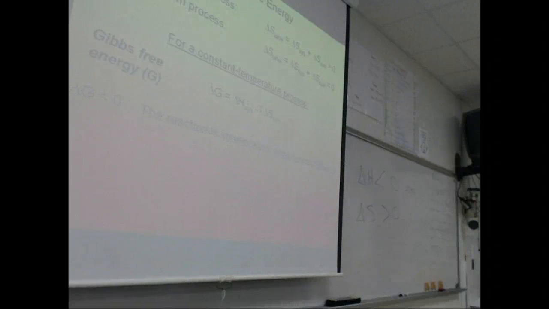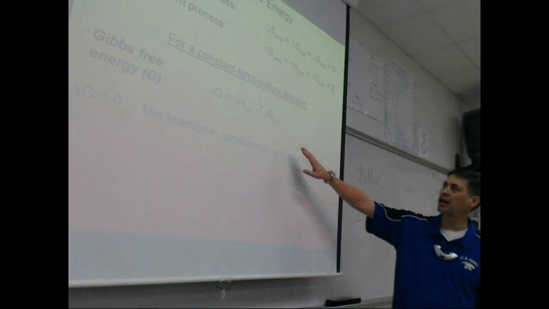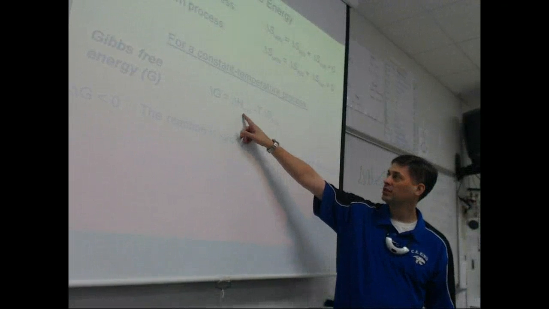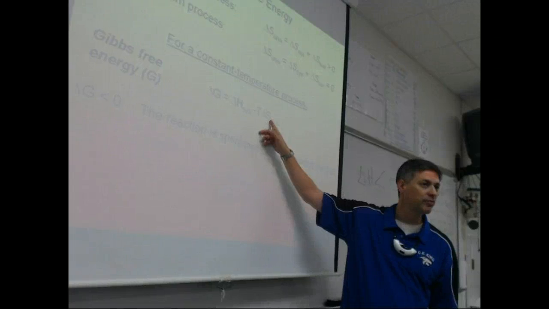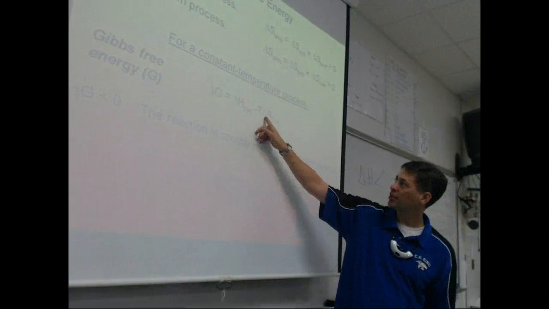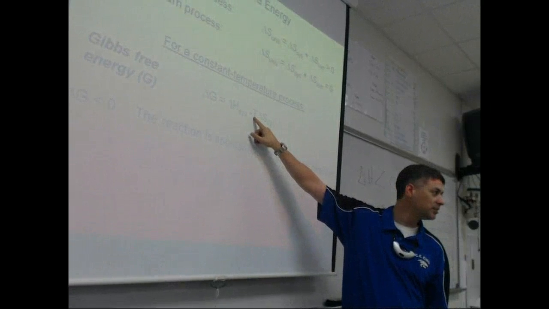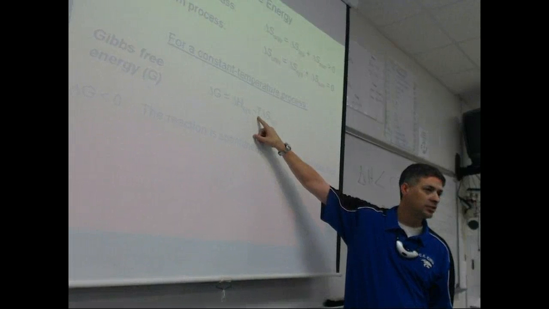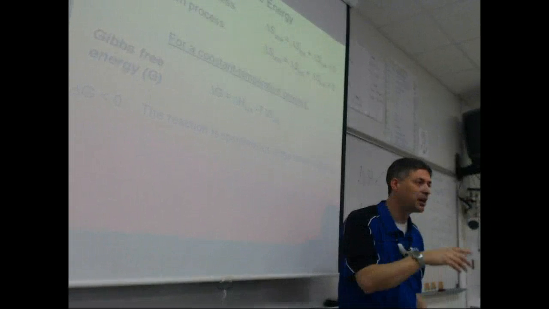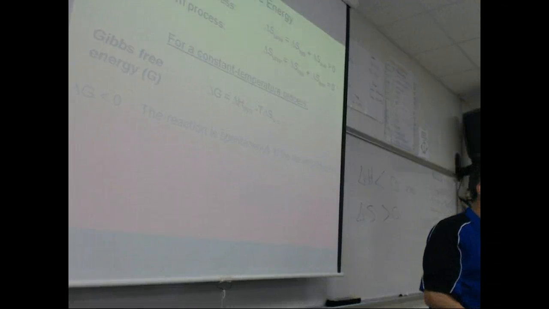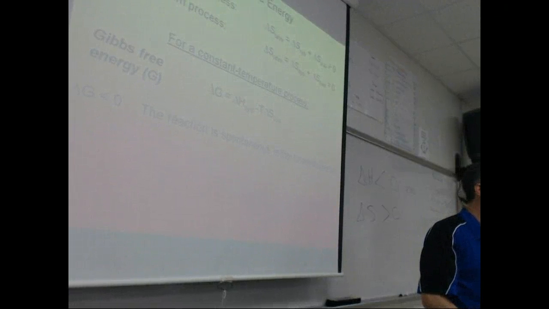There's our little equation that combines delta H and delta S. Note that delta S is temperature dependent. If you think back a little bit ago, we were talking about water. If we're below 0 Celsius, water tends to freeze spontaneously.